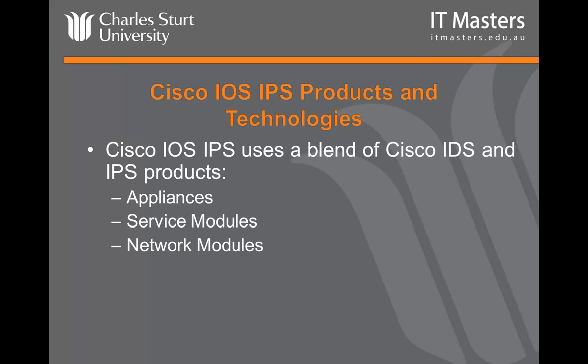Now, the difference between an ASA and an iOS device is simply that an ASA is a purpose-built appliance firewall. An iOS device, such as a router or a low-speed switch, such as a 6500, or other chassis-based switches, are primarily routers and switches. However, you can build some firewalling capability into them.